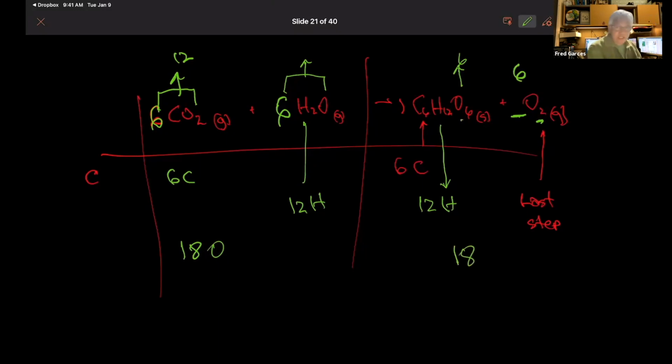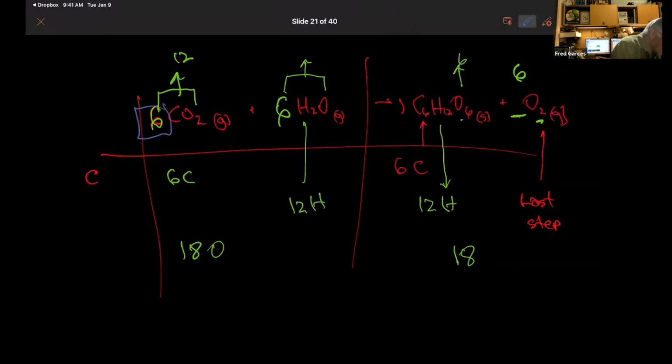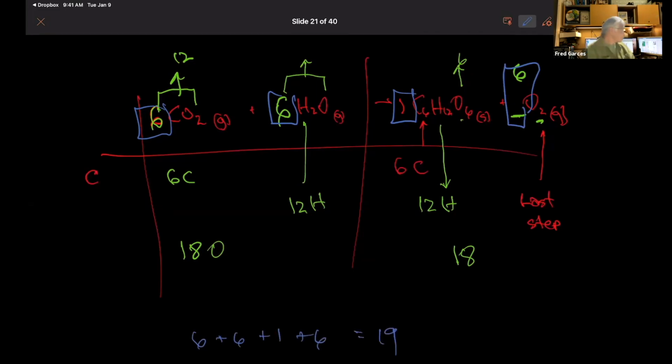So that would be the balanced equation: 6, 6, 1, 6. And the sum of the coefficients would be 6 plus 6 plus 1 plus 6. That's 19.